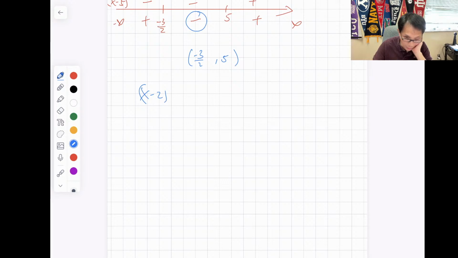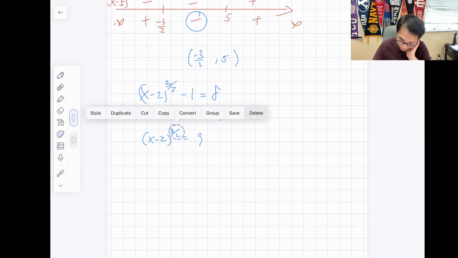(x minus 2) to the 3/2 minus 1 is equal to 8. I'd rather add 1 on both sides to isolate this. This is called a rational exponent. Oh, 2/3, my fault. Thank you. This one's 2/3.